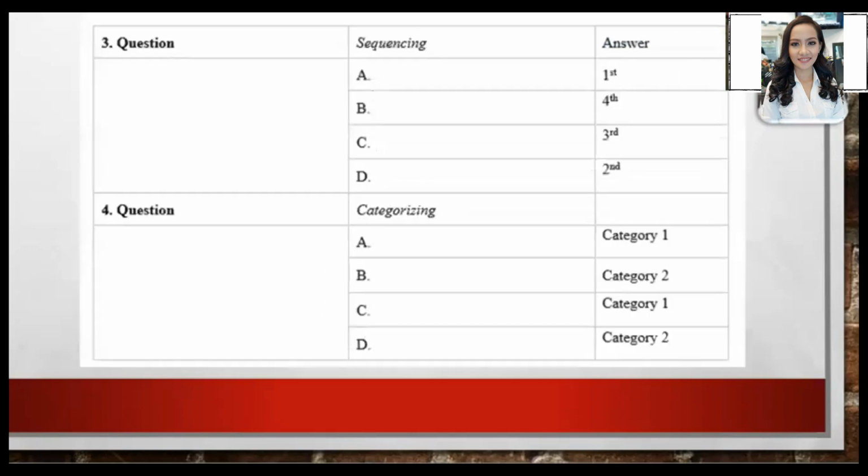Pwede rin naman yung multiple choice na sequencing. Okay? Especially when you teach siguro movement patterns, movement dance patterns, etc. Okay? So, ang gagawin lang ng bata dito ay isi-sequence niya. So, first, second, third, fourth. Okay? And then, pwede din categorizing. So, identify the following physical activity if it is aerobic or muscle and bone strengthening activity.